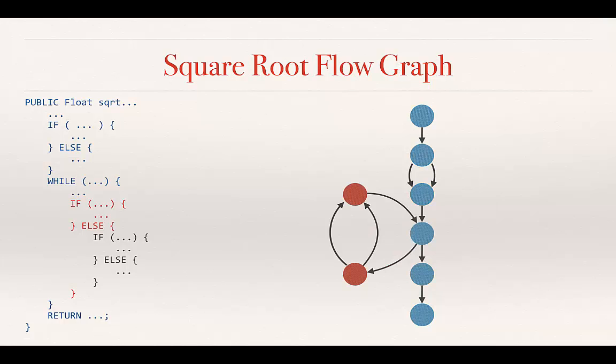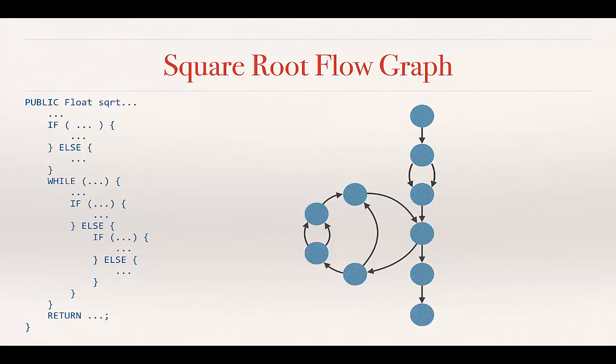Since the if statement is inside the loop, it gets added to the looping edge, the one that circles back on itself. When we add the next if statement, we simply pick one of the edges of the if statement we just added to represent the else edge, and add the if statement to that. So that represents the inner if statement. And now we have a completed flow graph for the square root function.